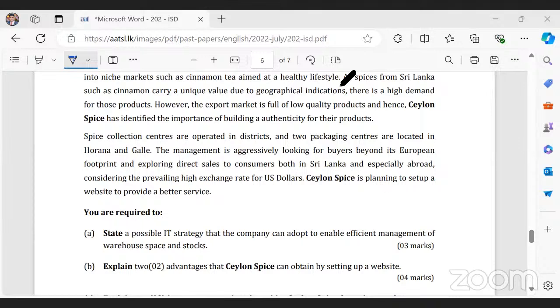Right. Then the other thing is they can use robotic technologies. They can implement enterprise resource planning systems. State a possible IT strategy. That's it.